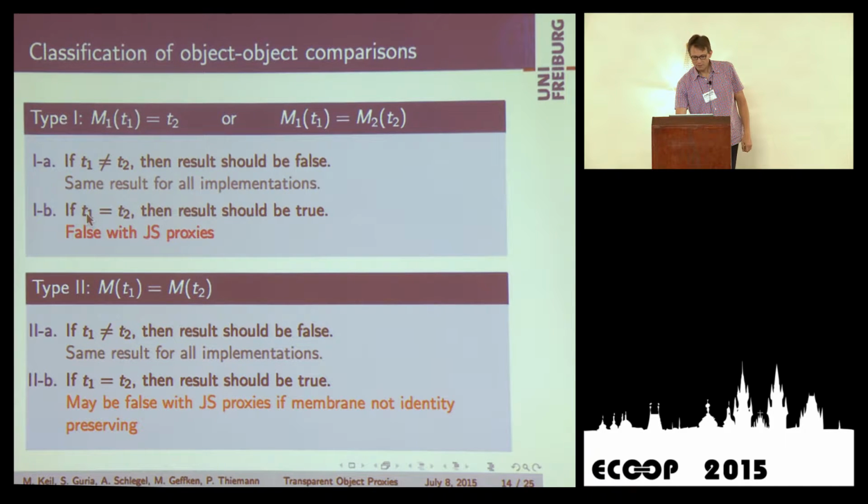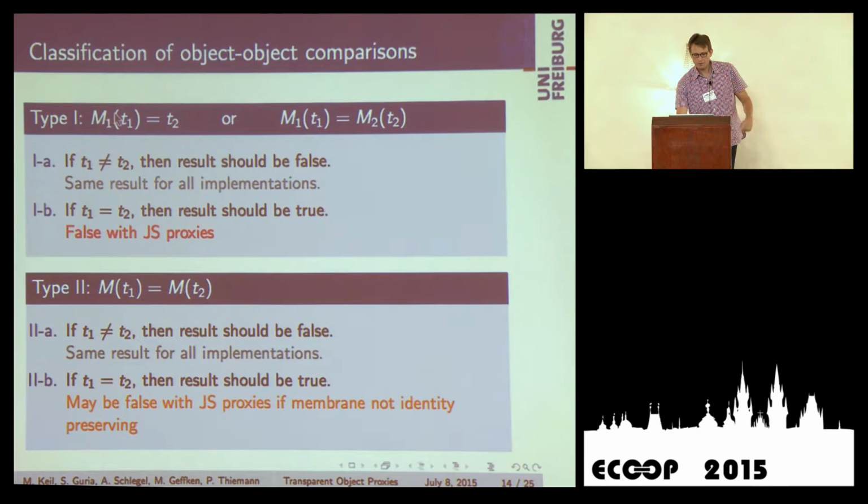1b. If T1 and T2, the underlying truth, are the same, then this result should be true, as in the example that I demonstrated. And this doesn't come out this way with JavaScript proxies. With JavaScript proxies, it's false, because the membrane, the proxy, has a separate identity; each proxy is a new object which is different from everything else.